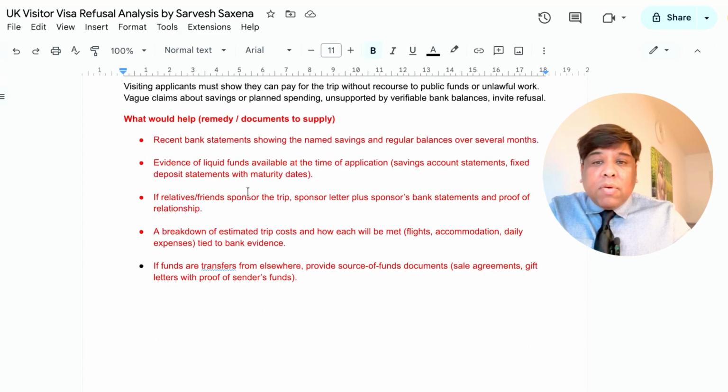Then, if your relatives are sponsoring, you need a sponsor letter plus bank statements, a breakdown of trip cost, and fund transfers from elsewhere. For example, part of the funds for the trip are being paid by someone else. Say you are funding your own flights, but the cost of the hotel stay is going to be funded by your parents. Then get a letter signed by your parents, provide their ID, like a national ID card or passport copy, and their recent 6 months bank statement confirming that yes, I am funding this hotel stay.